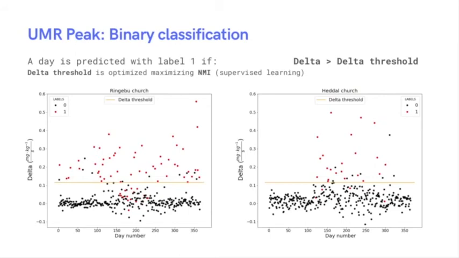Now the idea of the classification is very simple. In particular, if a day has a value of delta greater than a threshold, this day is labeled with 1, so as a day with events, and then the delta threshold is optimized, maximizing the normalized mutual information.